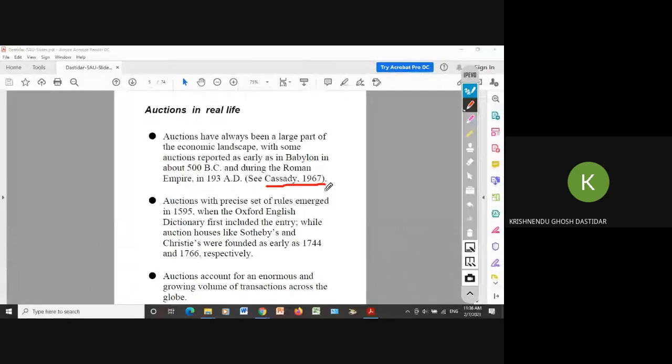If you can read Cassidy's book, it's extremely fascinating. It gives a historical overview of auctions over the years and how slaves were even auctioned off. Terrible things happened. All these are documented in this book.